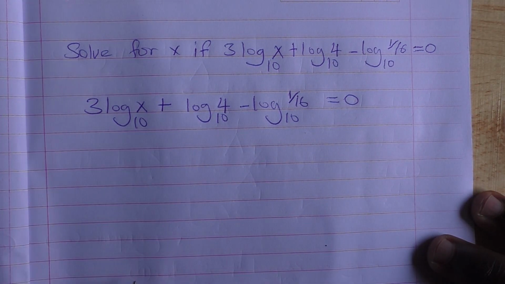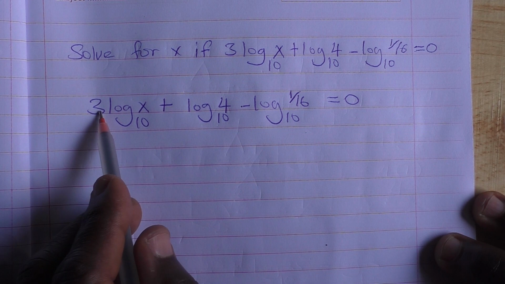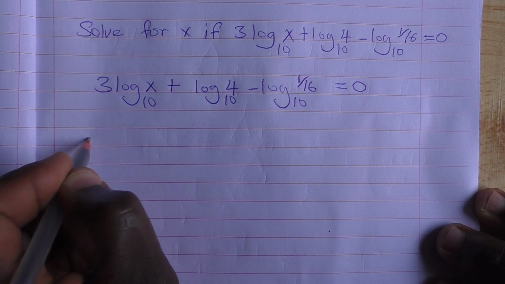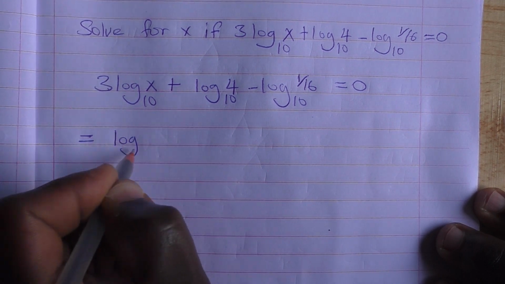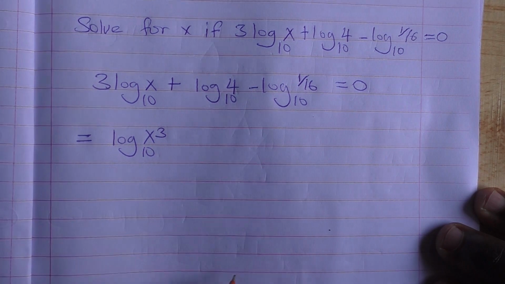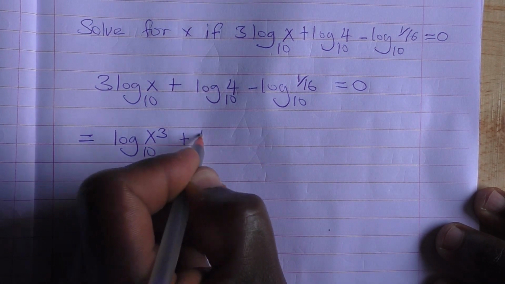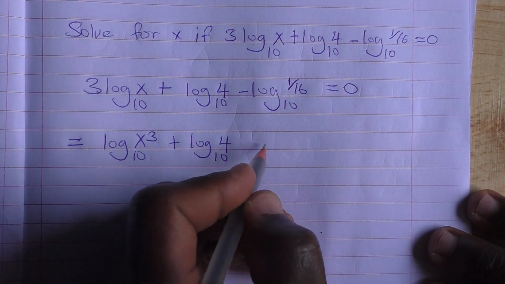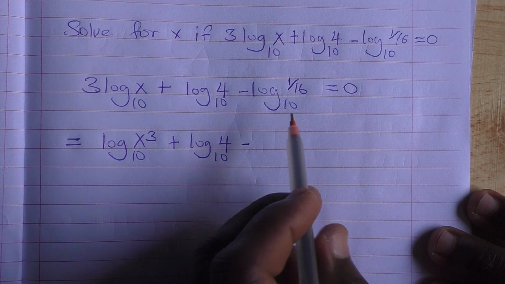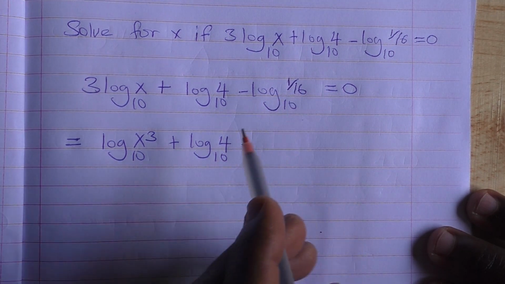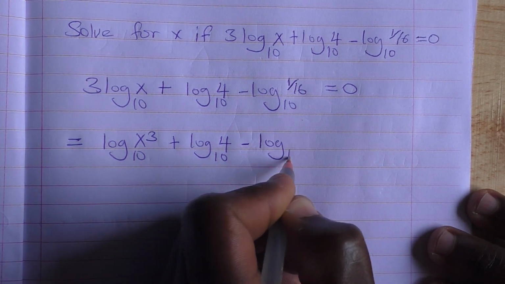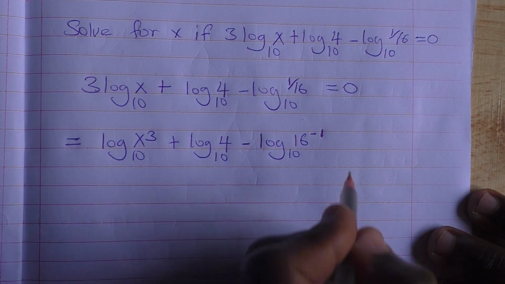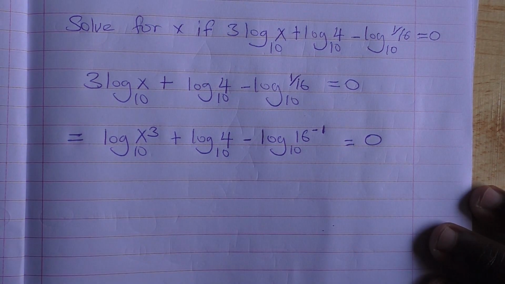So let us simplify. Since we have a coefficient 3, let it go up so that we get log 10x cubed plus log 10 power 4 minus, however, 1 over 16 is the same as 16 power negative 1, which equals 0.